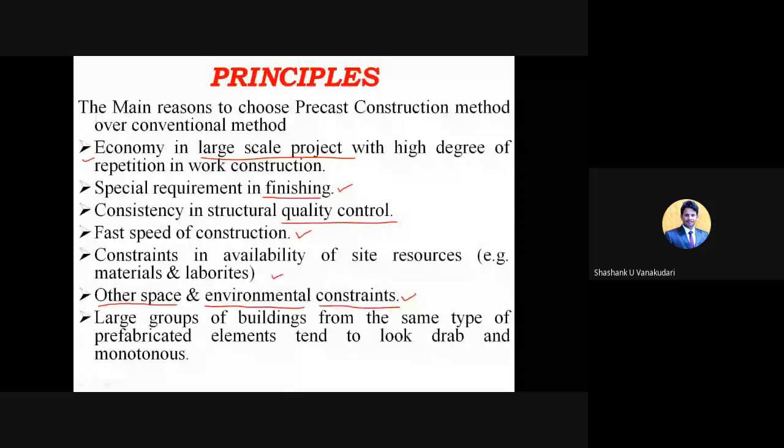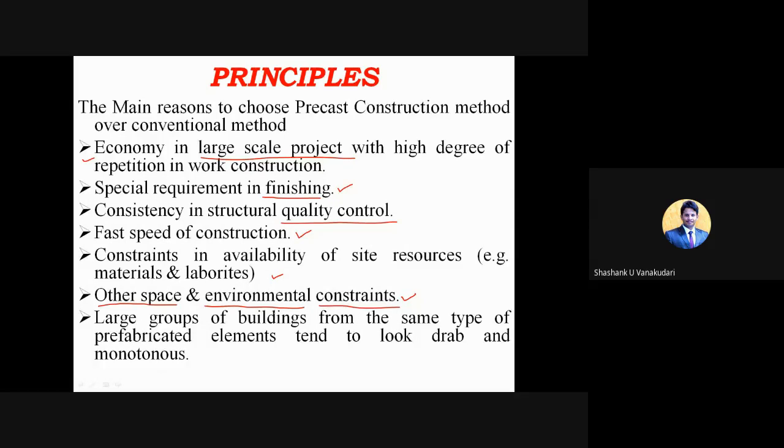And here, large groups of buildings made from the same type of prefabricated elements tend to look drab and monotonous. It's like similar structures giving a better aesthetic view. It's like a planned city or planned structures, we can call it, right? There the similar structures will be at every place. Similarly, similar floors one above the other, and similar buildings, as you can see in different quarters and all, right?